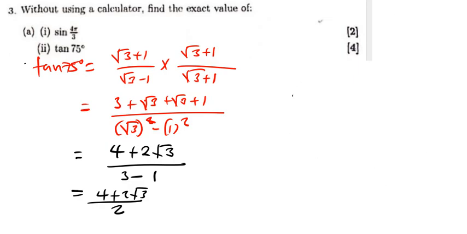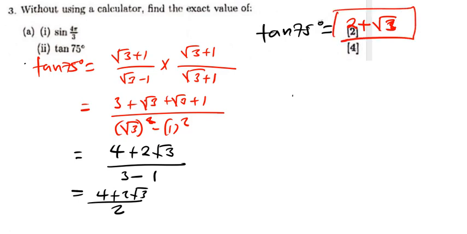So therefore tan 75 degrees is equal to 2 plus root 3.